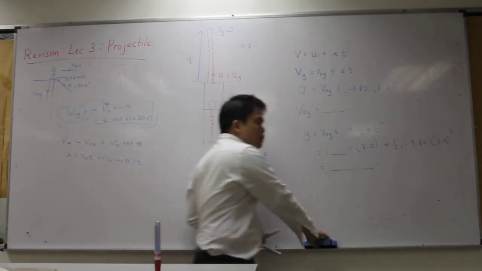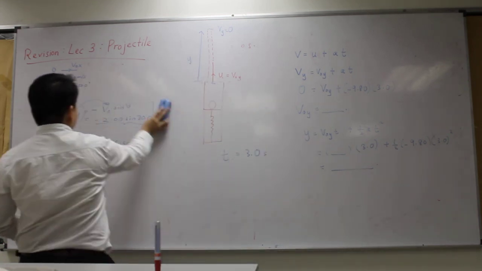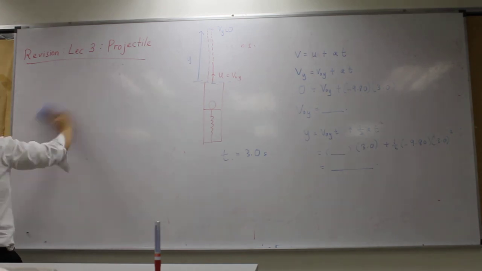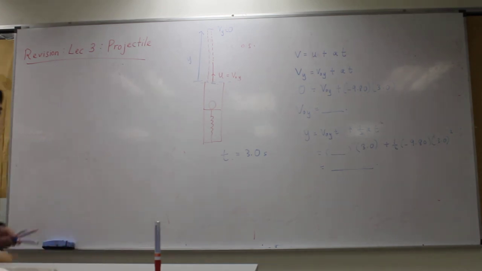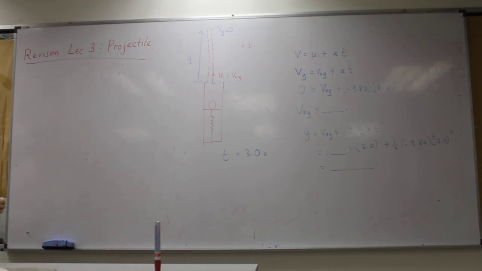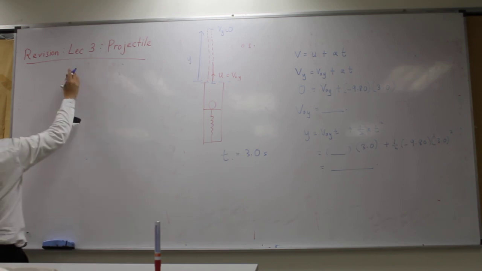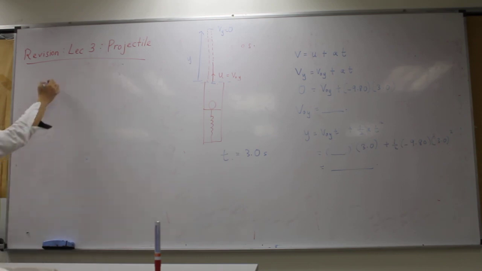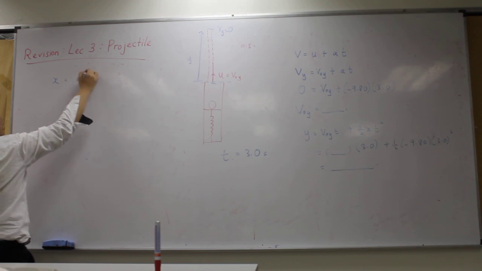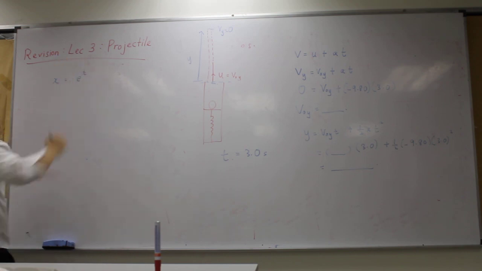The last part that I would like to discuss with you is on non-constant variables. If a is not constant, v is not constant, of course, so you can only use differentiation. Let me give you an example. Say there's a car moving at a displacement of x equal to e to the power of t.